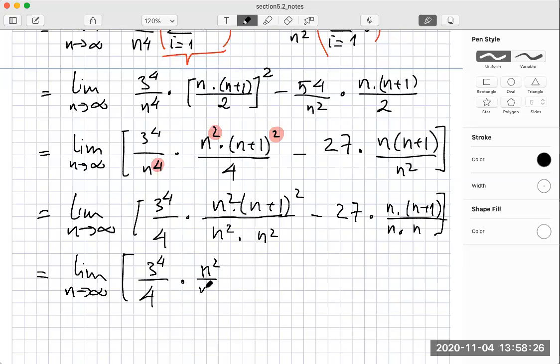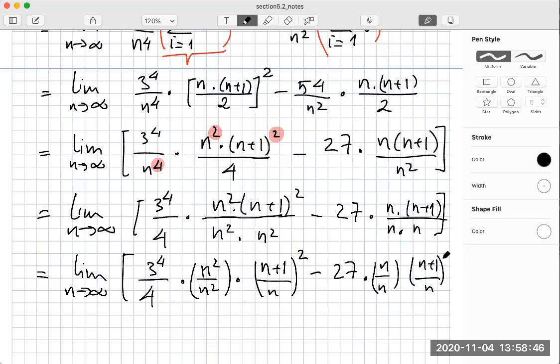N squared divided by n squared, multiplied with n plus 1, and n squared, we write it this way: n divided by n, and n plus 1 divided by n. So, do you agree? Just use the product rule, power rules. Okay.